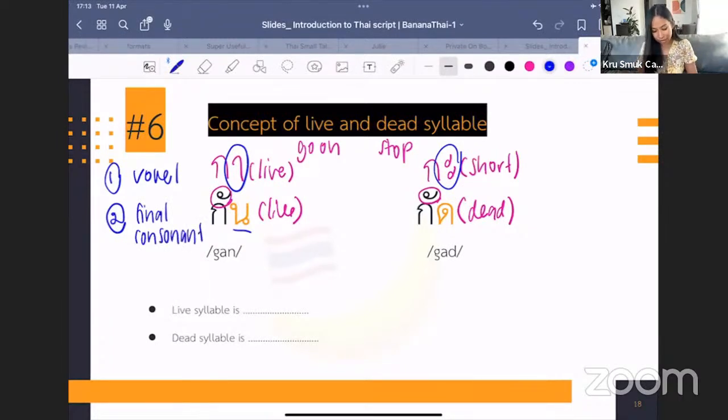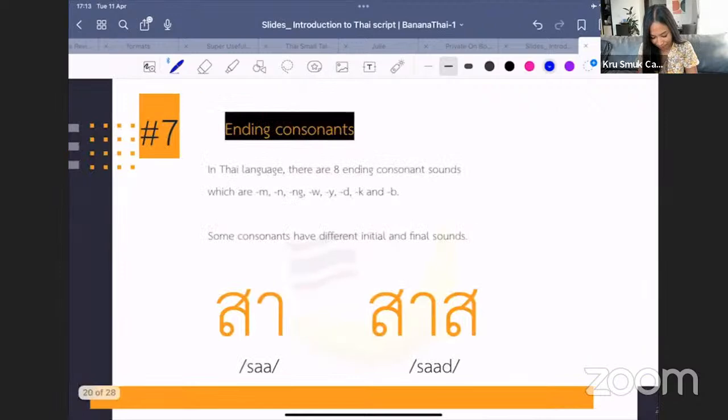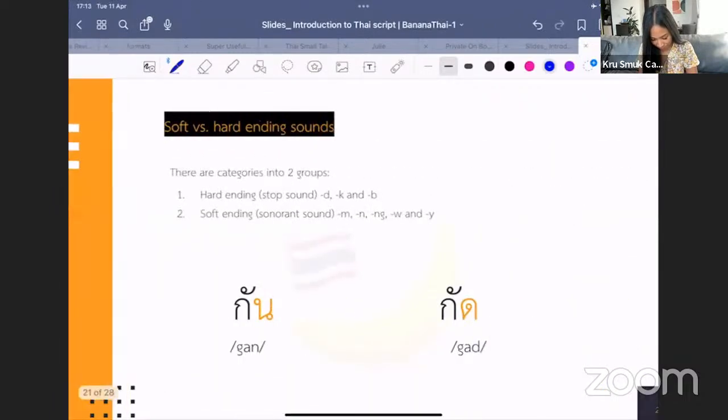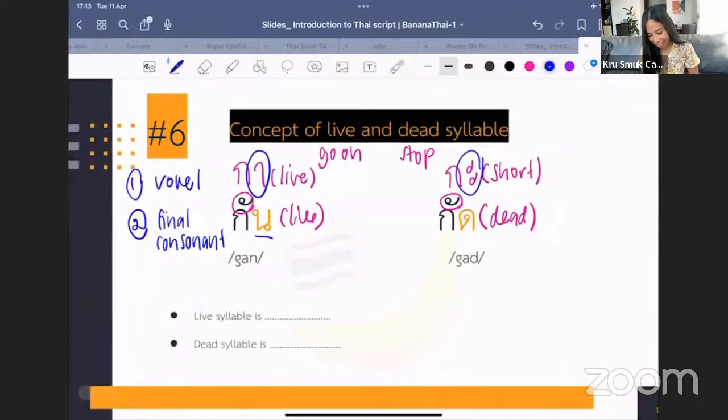So here you go. Learn the vowel. You have to learn the final consonant sound in order to determine whether it's live or dead. Okay? And why is it important? Because if one is live and one is dead, the tones are also different.